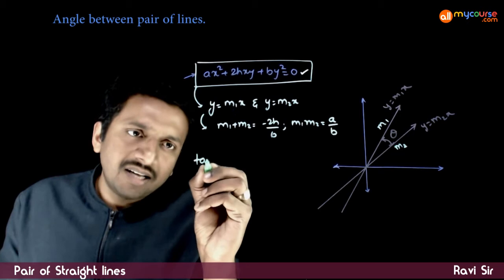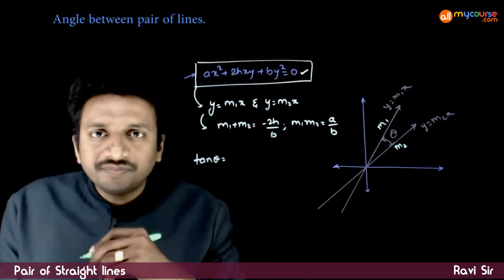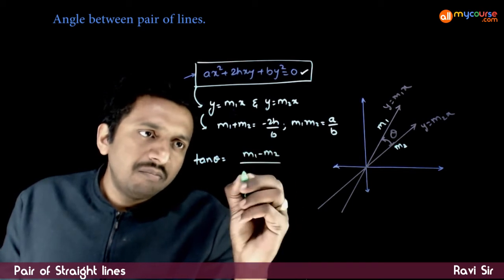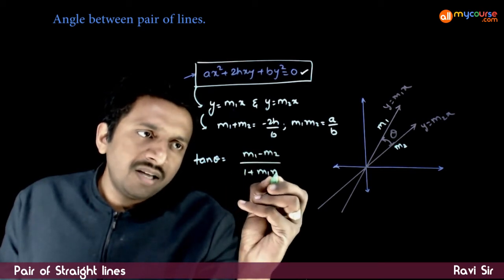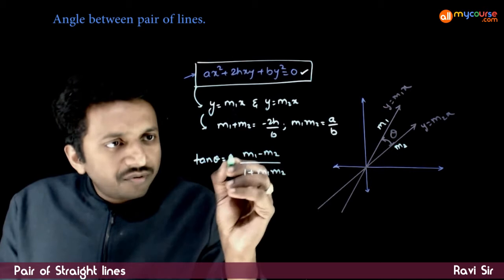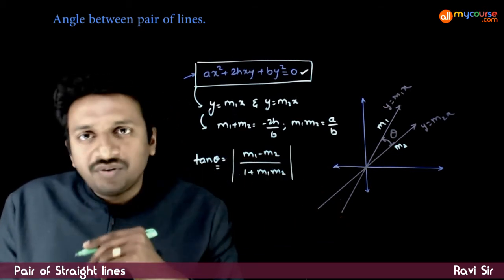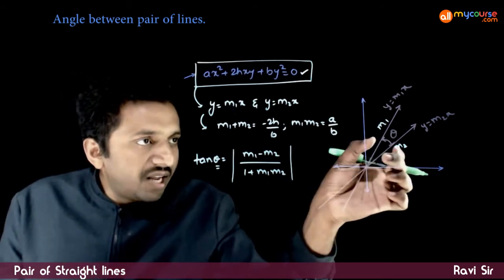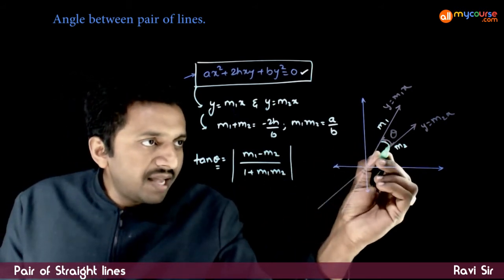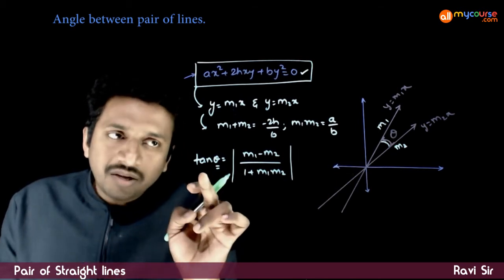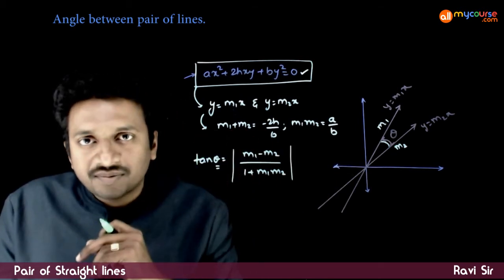So tan theta is equal to m1 minus m2 by 1 plus m1 m2, right? If you take mod here, you get the acute angle between the two lines, because between two lines you have an acute angle and an obtuse angle. So if you want the acute angle, you just need to take mod of this.